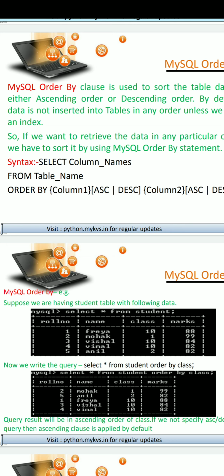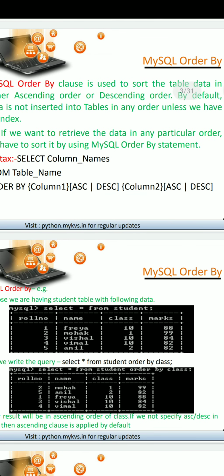Okay students, and there are many chances where a single column order is not enough for ordering purposes. Suppose there are 2 students in a class with the same name. In that case, which one is to be taken first can be decided by the father name.